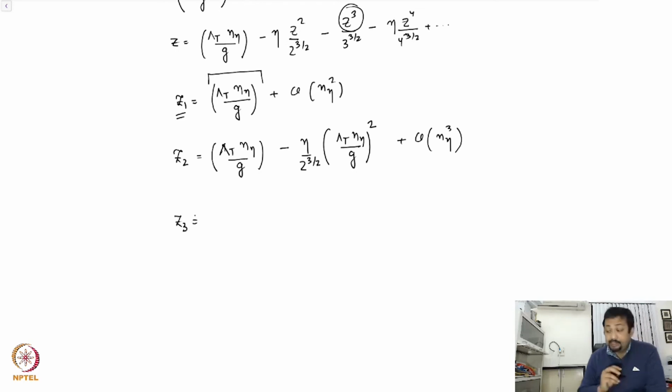I can determine z3 by substituting z2 in this expression, right?